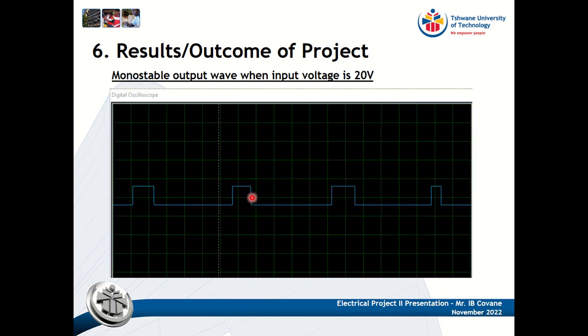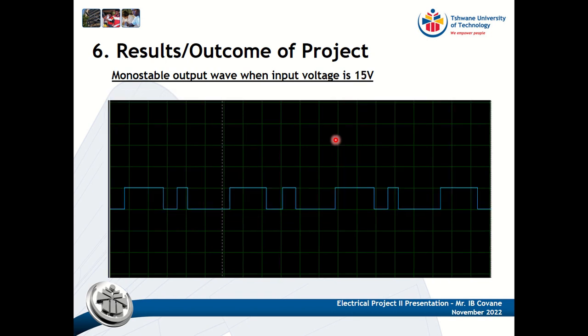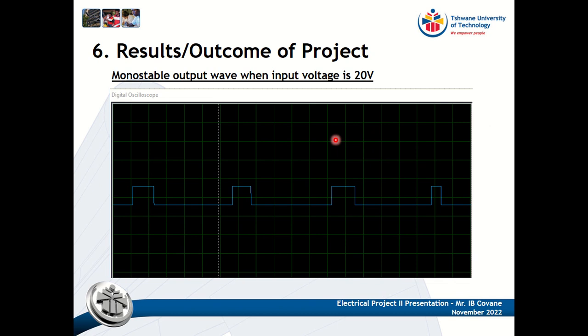Then let's look at the monostable output when the input voltage is at 20 volts. We can see that the duty cycle decreased because we need to get 9 volts. You can see the difference between the 15 volt duty cycle and the 20 volt duty cycle.